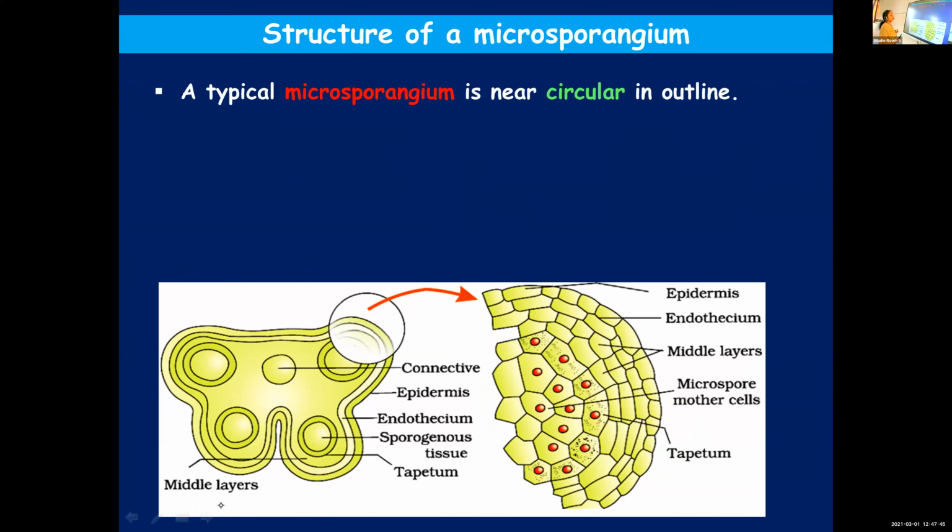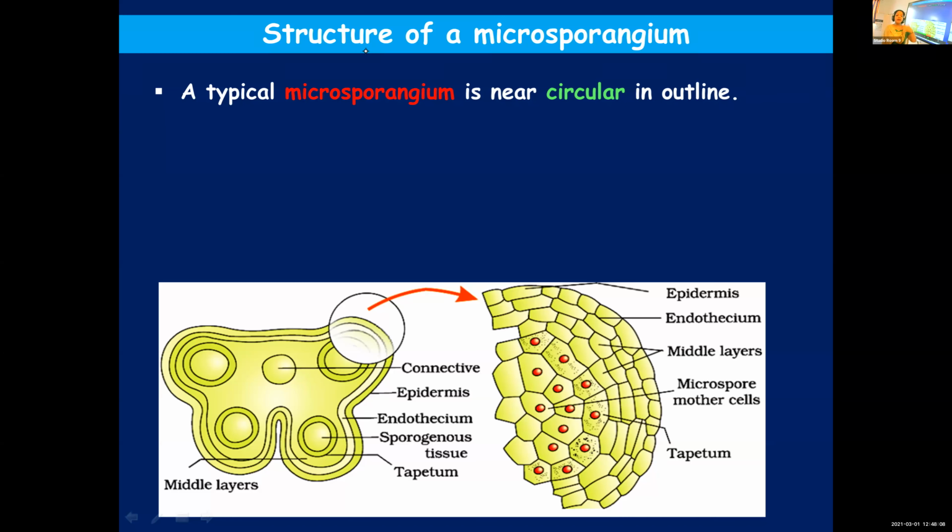Now we will see in detail the structure of a single microsporangium. So we started with androecium. Androecium consists of a whorl of stamens. Each stamen has an anther and a filament. And in the anther, two lobes are present.